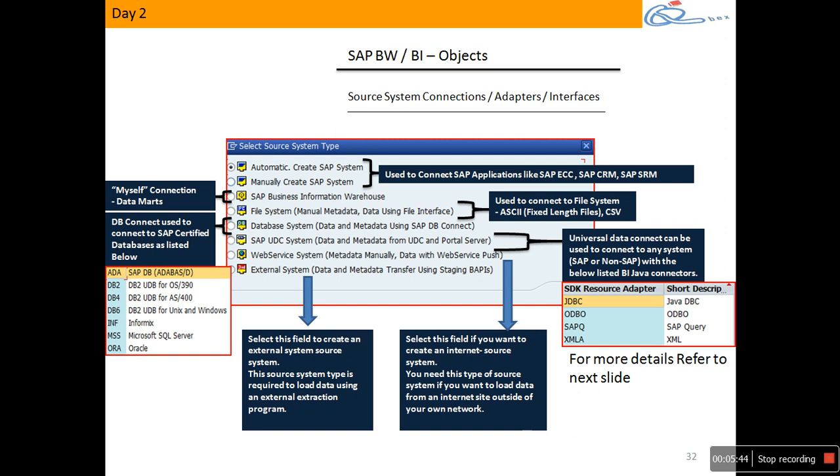Let's say you have two BW servers and you want one BW server to act as a source system to another BW server, possible. So whenever you want to connect a different SAP application to BW, we use these connections at the top, either create SAP connection automatic or manual.